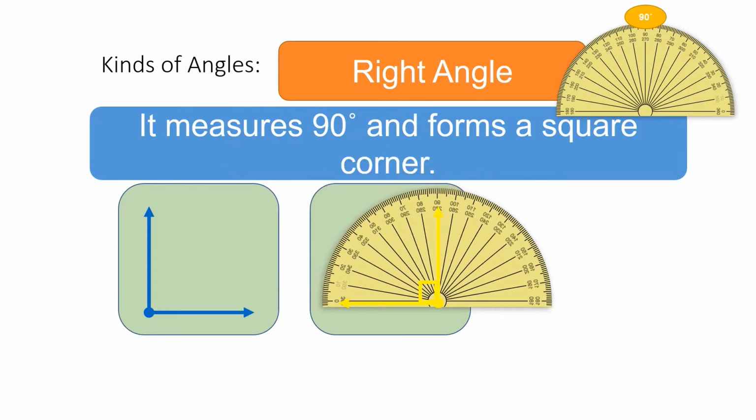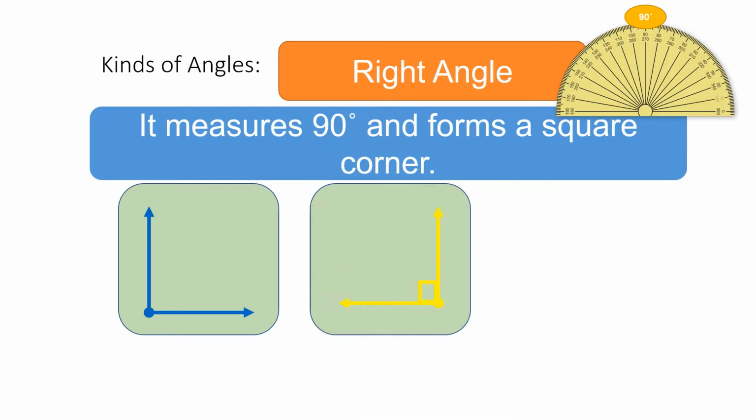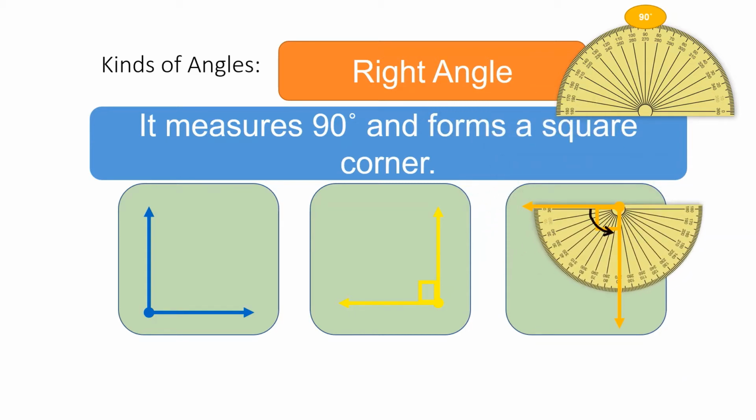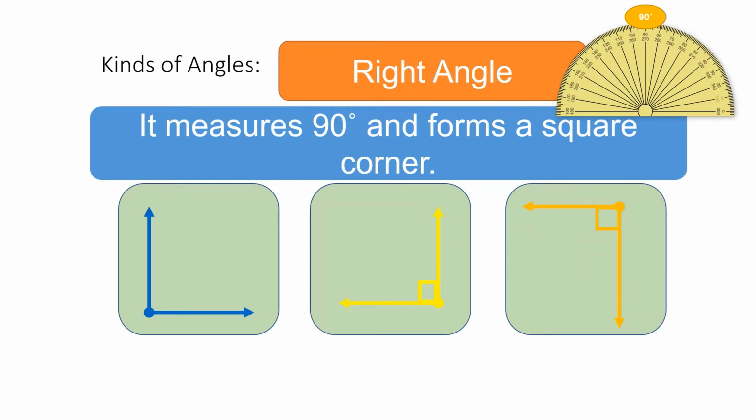And we can also see that the measurement is 90 degrees. For the last example, the measurement is also 90 degrees. So here are some examples of right angles measuring 90 degrees.